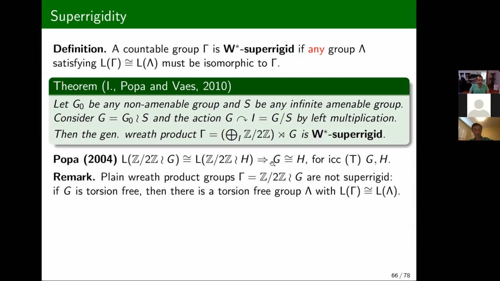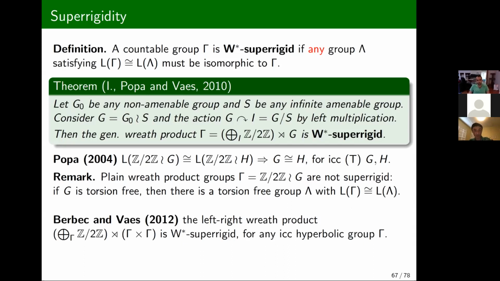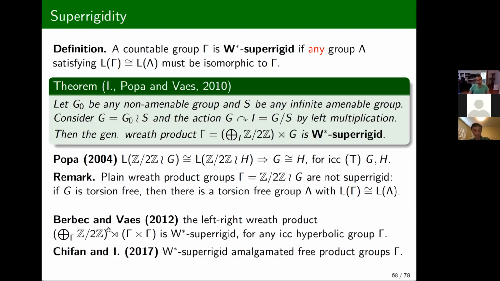All right, so these are the first examples of superrigid groups, and after that, there's a couple more works providing more examples. So Berbec and Vaes in 2012 proved that you can look at what's called a left-right wreath product group, where you take an ICC hyperbolic group Gamma, and you form a wreath product of this kind, where Gamma acts both on the left and on the right by multiplication on itself.